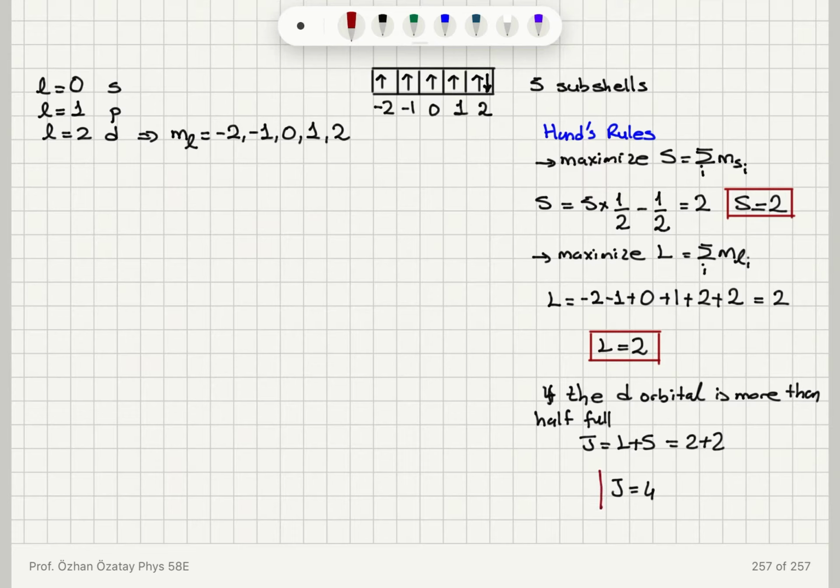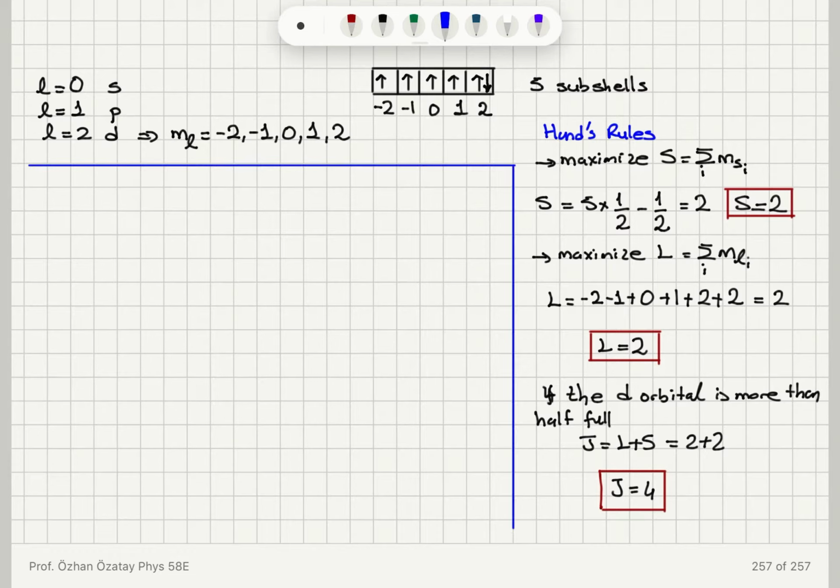So the total angular momentum quantum number J will be equal to 4. So we have gone through Hund's rules to determine capital L, capital S, and capital J values.